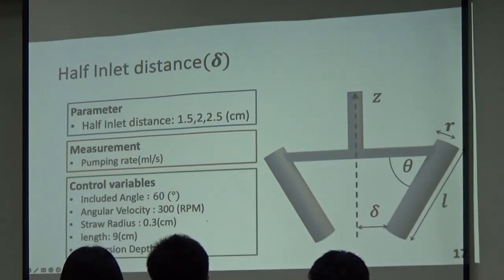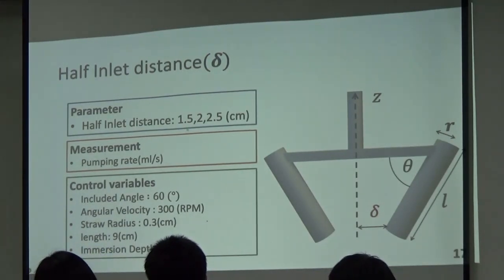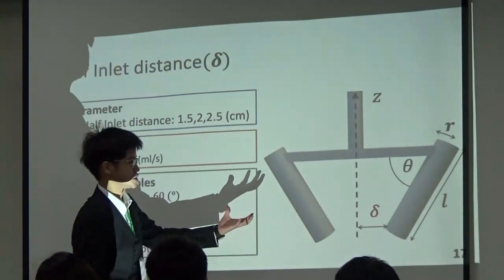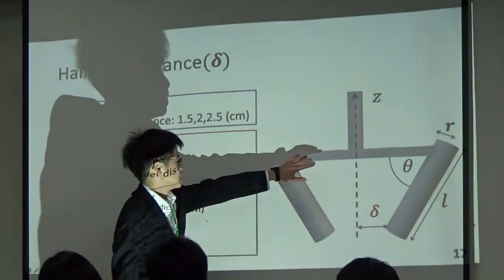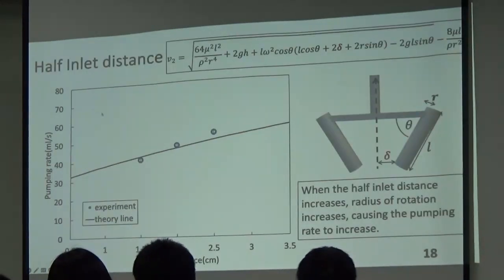And the third parameter is the half-fin distance, which is delta, and the delta is here. And to change the delta, we stretch this one. And since I'm using the 3D printer lab, we can easily control the half-fin distance. And for the measurements, we also measure the pumping rates.